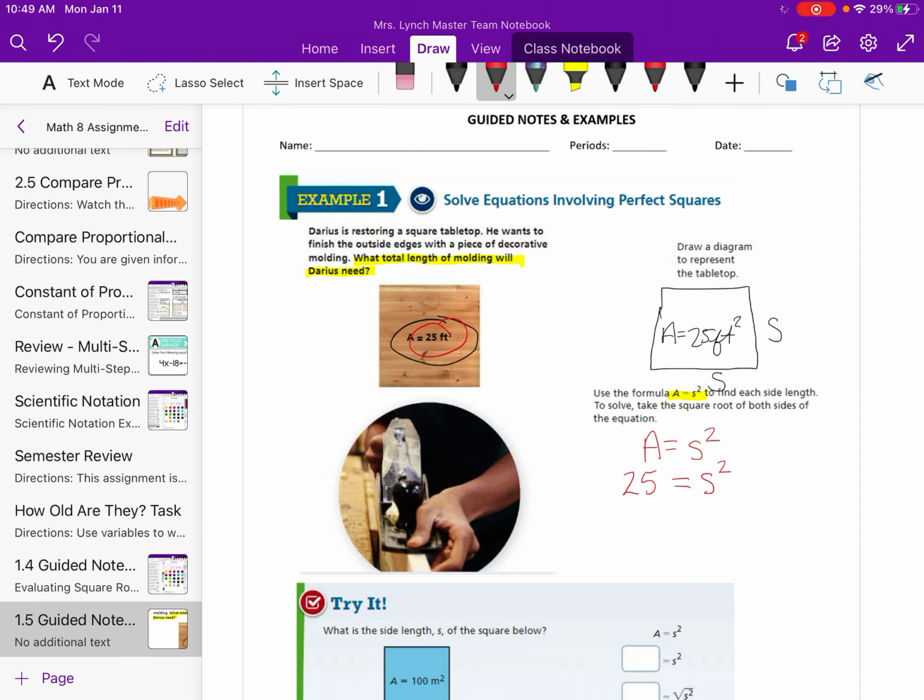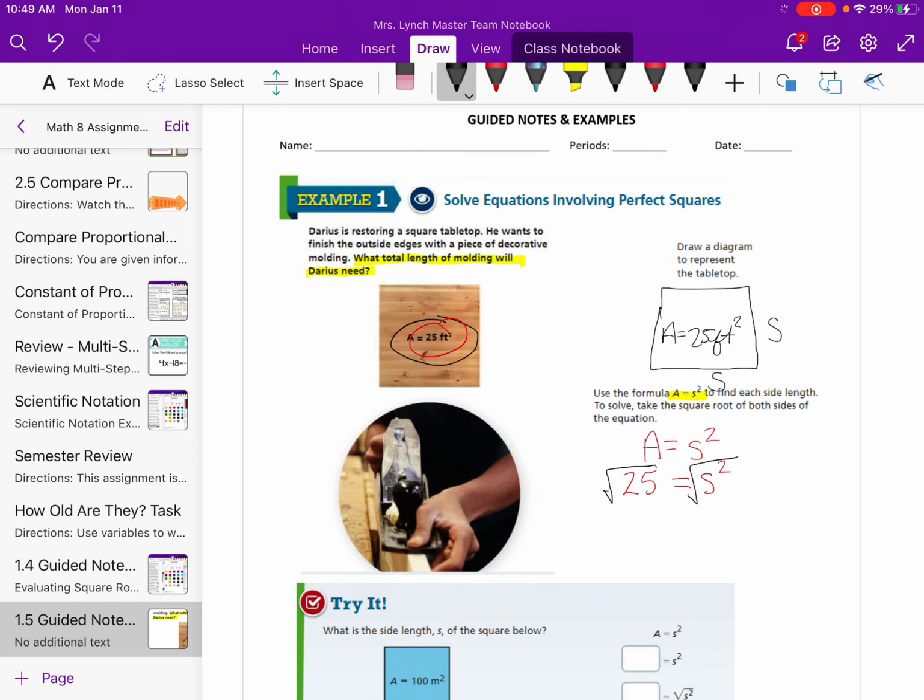So this is where our whole square root comes into play. Something that is being squared, meaning S to the second power, that's called squared. The opposite, the reverse of that, is to take the square root. So in order to get that S all by itself, to get that exponent to go away, we need to take the square root of both sides.